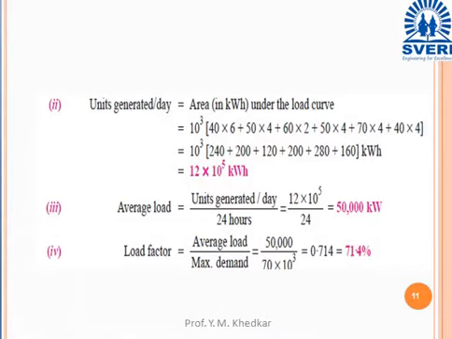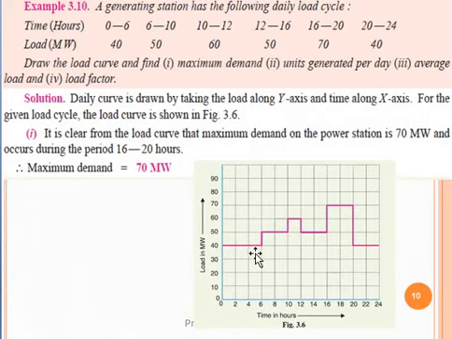Here we can see the 40 megawatt load multiplied by 6 hours, then the 50 megawatt load for 6 to 10, that is 4 hours, then 60 megawatt load for 2 hours, then once again 50 megawatt load for 4 hours, then 70 megawatt load for 4 hours, 16 to 20, and once again 40 megawatt load from 20 to 24. So from this load curve we have calculated the units generated, because the area under the load curve always represents the units generated.